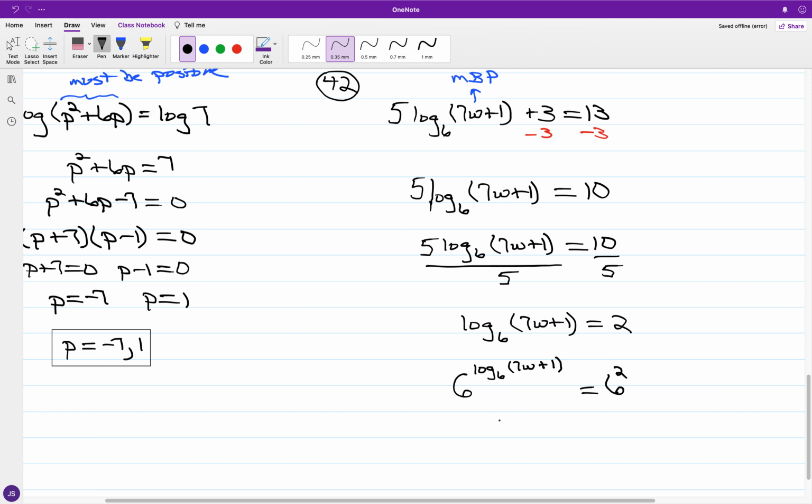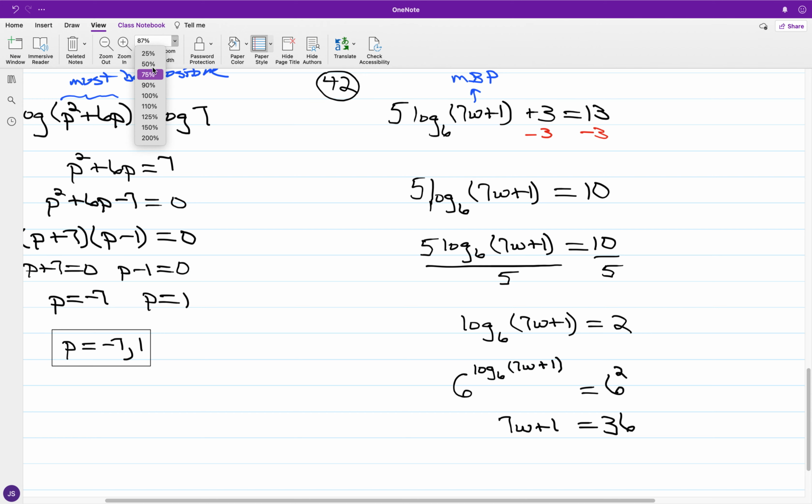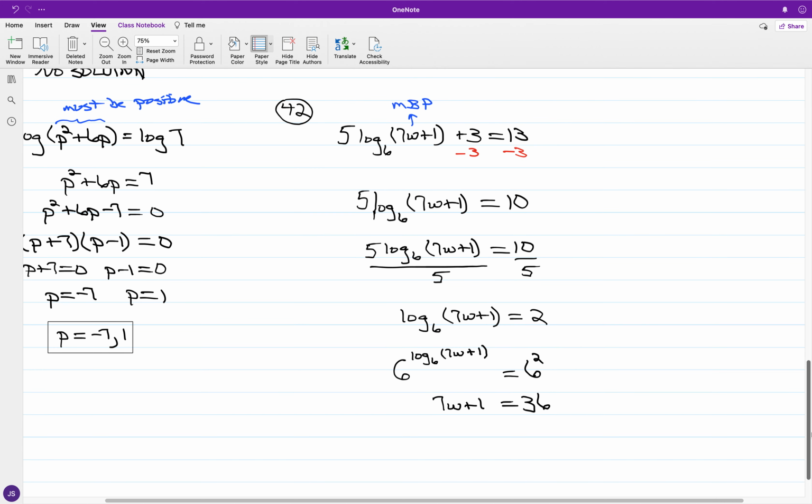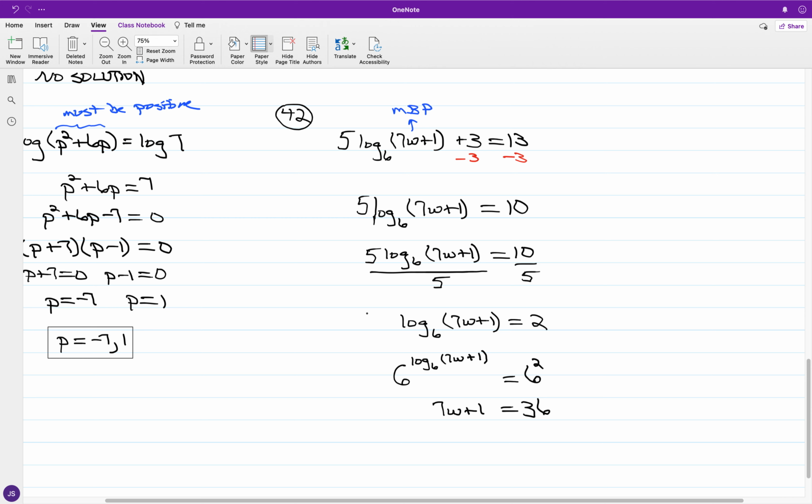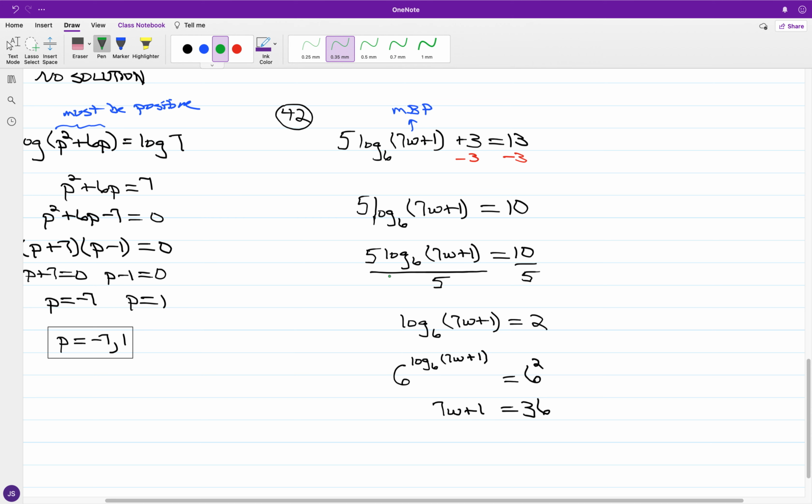Okay, so left-hand side, this will become 7w plus 1, and 6 squared becomes 36. And just looking at taking away 1, we have that 7w is equal to 35, and we have a division by 7.